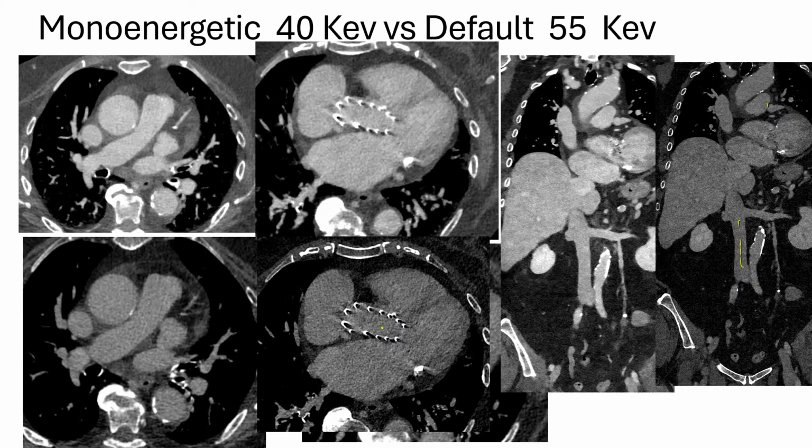And this is what we talk about with multi-energy spectral imaging. You can create what we call virtual monoenergetic imaging. So if we're interested in looking at the iodine, we can create something close to 40 keV.